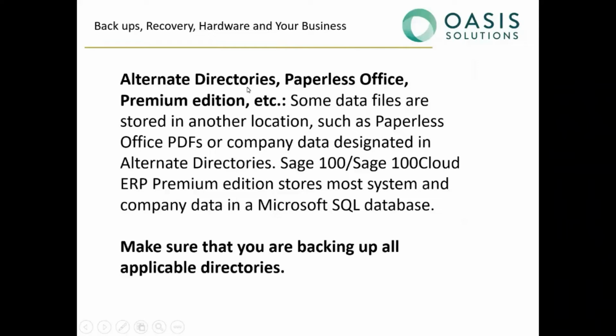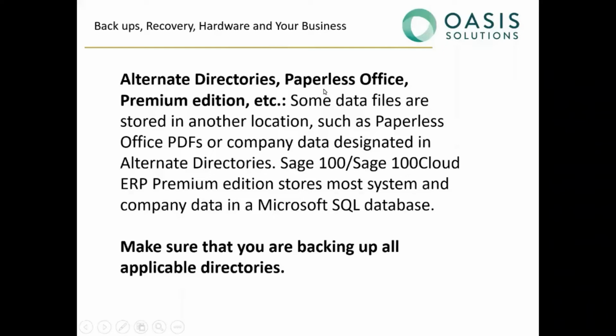Sometimes you may use an alternate directory if you're using payroll, so that your payroll files, payroll information, and any reports are stored in a different location that is maybe a little more secure, so that an employee couldn't browse out to the server and access that payroll data.